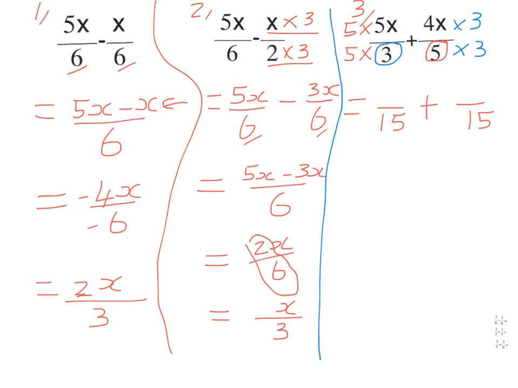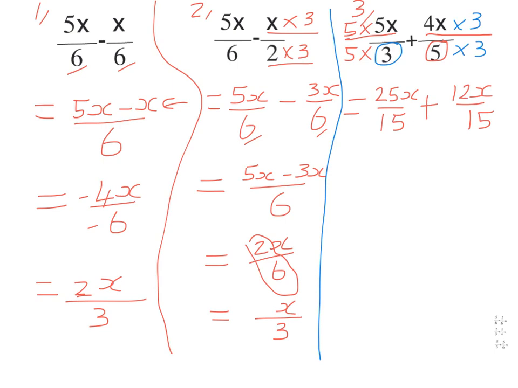Now I've got to be careful along the top line. Here I've got 5 times 5x, which is 25 lots of x. Step over the plus in the meantime and just look at this part here. 4x times 3, well, I've got a number of x's, and I happen to know 4 3s are 12. So I write that like that.